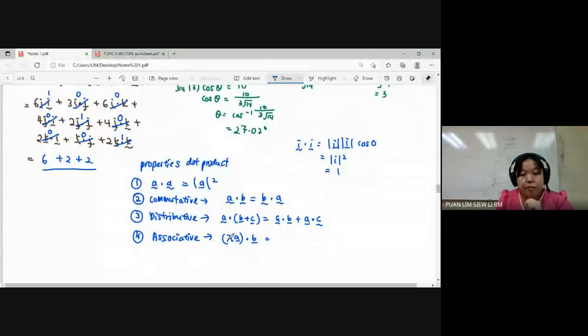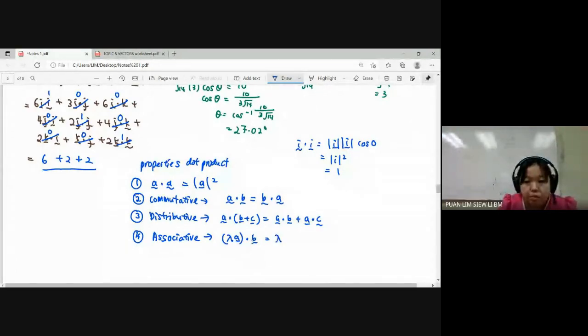Then associative ialah hasil darab. Bila associative law ialah kata darab, sebab ni ada tambah kan, yang ketiga ada tambah. Associative bila dia ada darab. Tiga benda darab sekali, di mana lambda ini adalah nombor. Maksudnya lambda A darab B. Kita boleh ringkaskan, kita boleh buat macam mana.